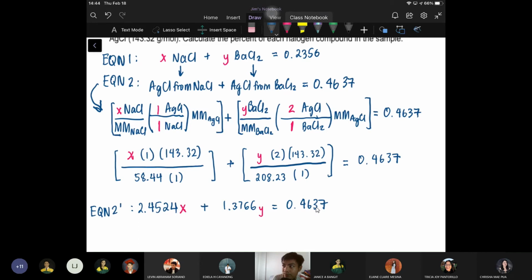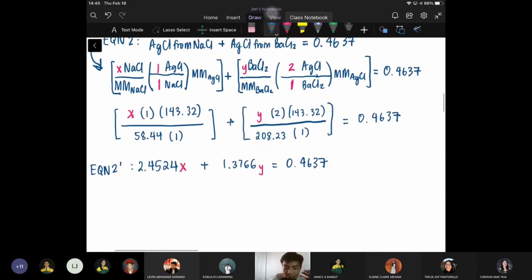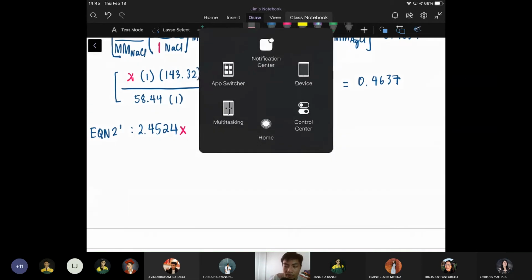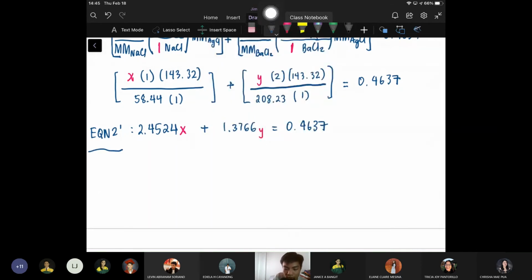So, ito na yon. So, to answer x and y, or to solve for x and y, what's next is that let's resolve the linear equation. Okay? So, to solve for this, ang ginagawa natin next dito will be to combine equation 1 and 2.